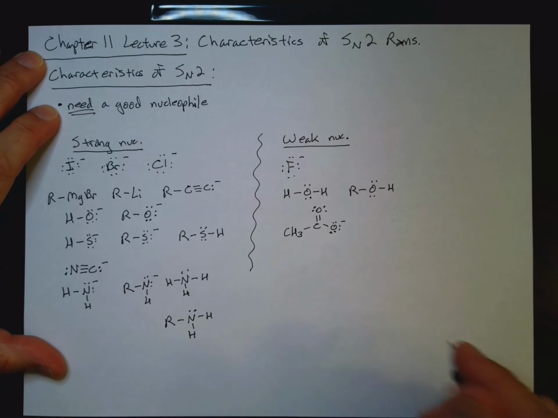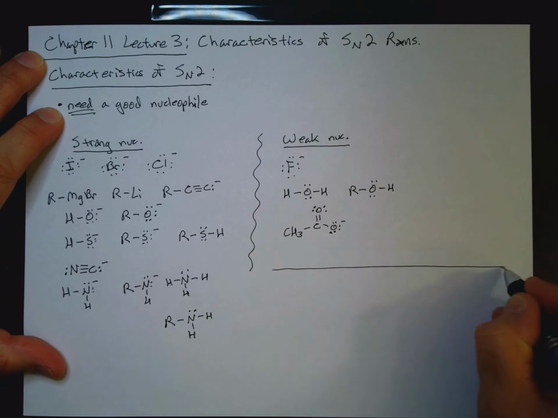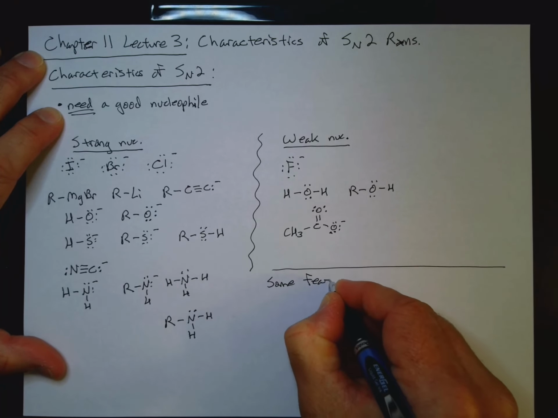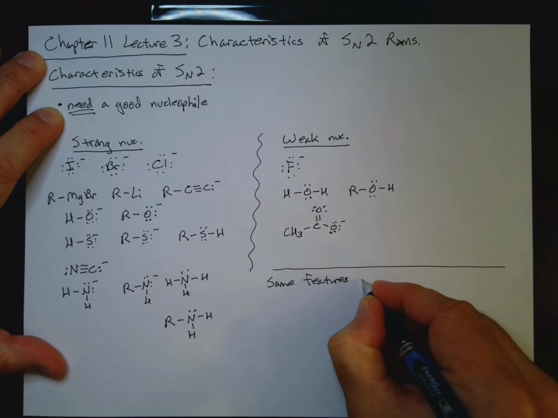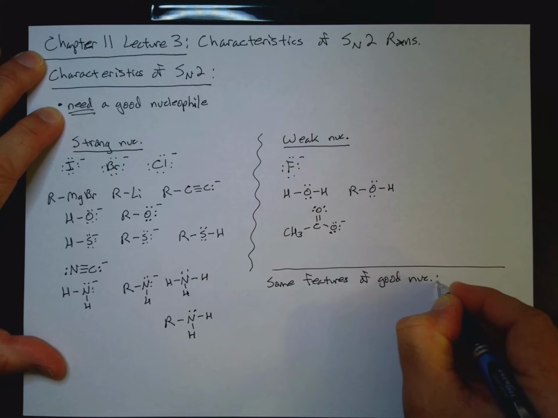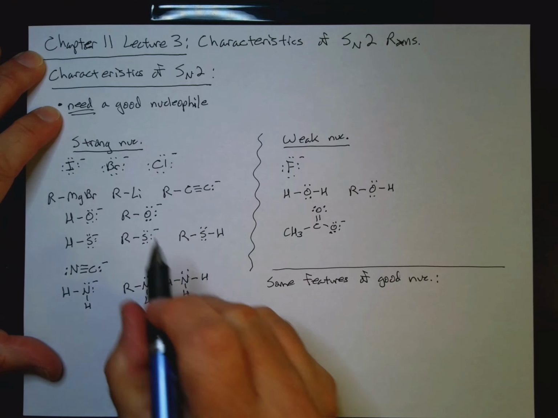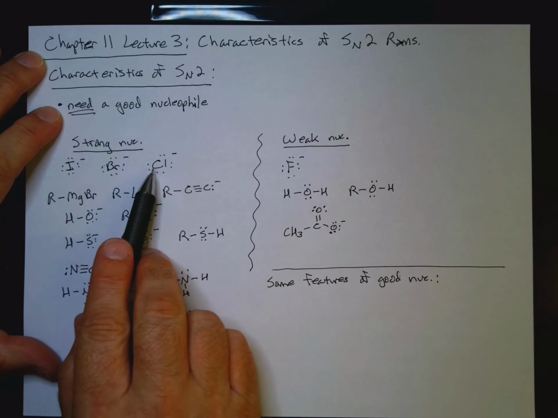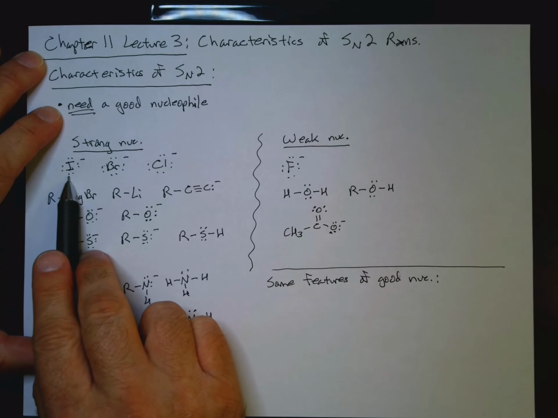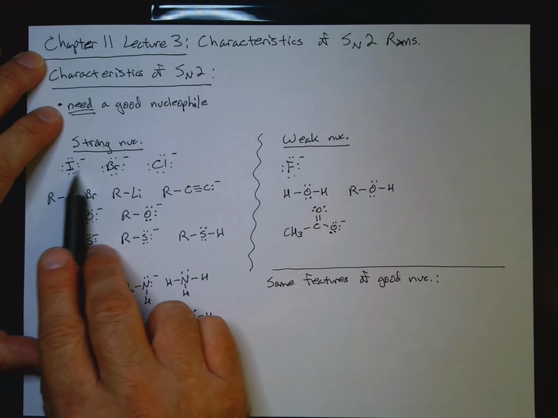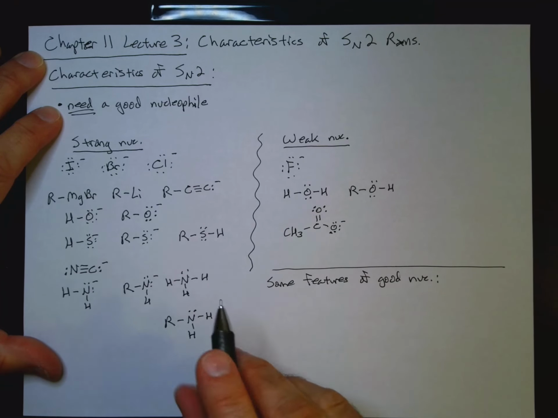Now, what are some features of these good nucleophiles? Well, let's look at the halogens first. We have chlorine, bromine, and iodine, or chloride, bromide, and iodide, and these are lower in the periodic table than fluoride.